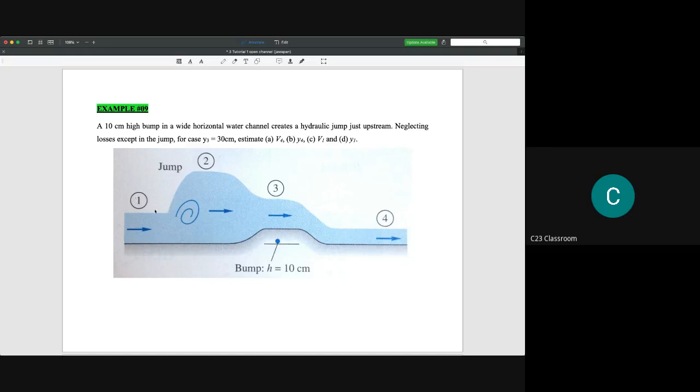Energy at 1 is not equal to energy at 2, 3, and 4 because of the hydraulic jump; there is energy loss in the hydraulic jump. However, the energy at point 2 is equal to the energy at point 3 and equal to the energy at point 4 because these 3 points are located after the hydraulic jump.